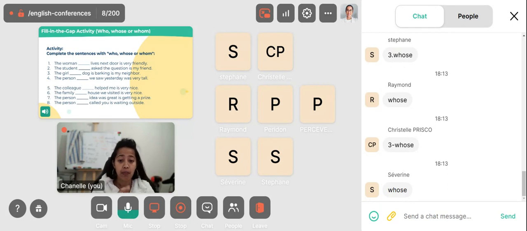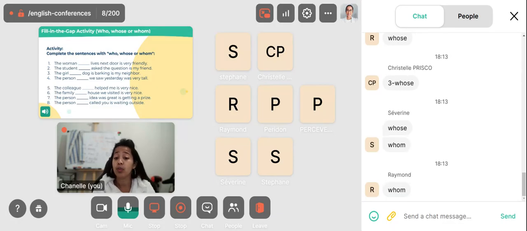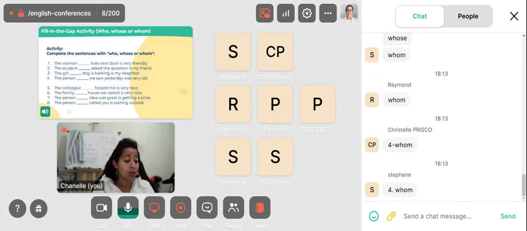neighbor. Number 4, the person we saw yesterday was very tall. Severine, the person whom we saw yesterday was very tall. The person whom we saw yesterday.